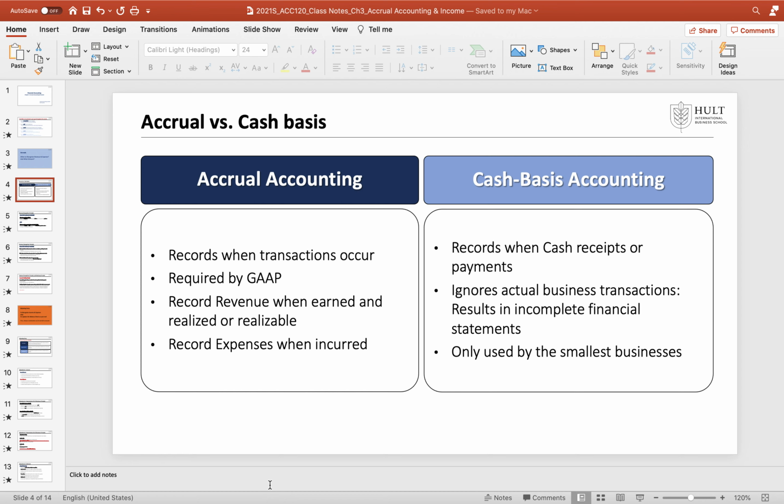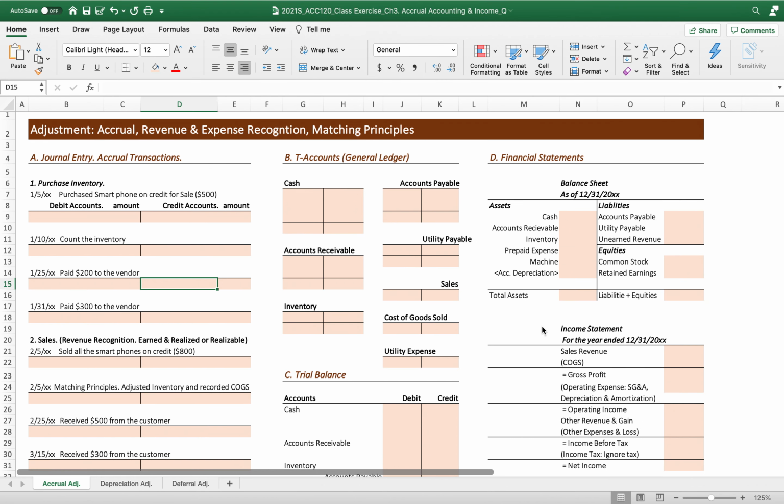Then we record the revenue when earned and realized or realizable, and expense when incurred. But cash basis accounting records when cash is received or paid. So in real business, we don't follow cash basis except for very small proprietorship businesses. So let's get started with this example.